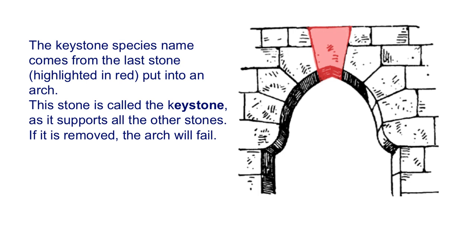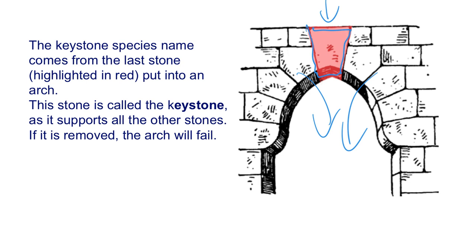Well, the keystone is that piece in a wall when they used to make arches. If you took that out, the whole wall would collapse. These would fall, and the whole wall up there would fall. So that's why it's called the keystone, or the cornerstone is similar to that.